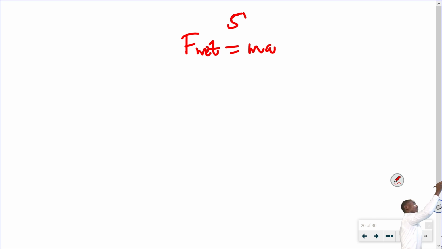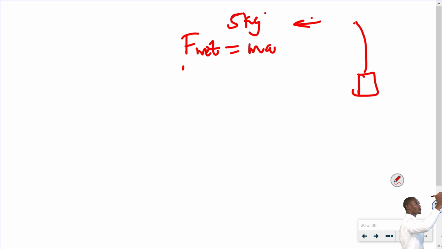5 kilogram, right? So the 5 kilogram F net equals Ma. That is the 5 kilogram now. Okay, so F net equals Ma. How many forces are acting there? There are 2. Okay, so if there are 2, remember I'm taking left as positive. So this system is moving to that direction. So if it's moving to that direction, the object, the 5 kilogram, will move up, right?